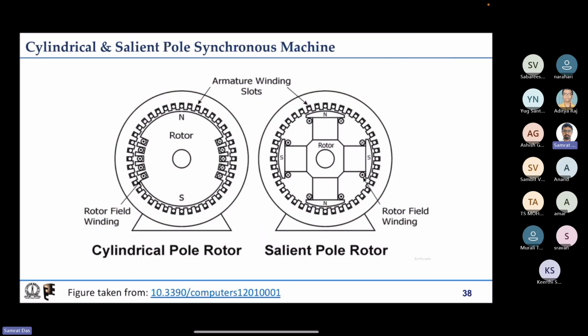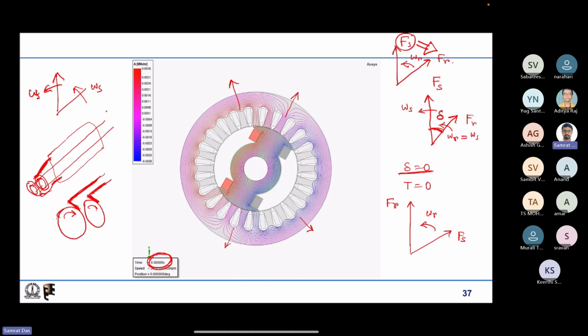Now we can actually realize the rotor magnetic field in two ways. In the earlier case, we have some poles, and this structure is known as a salient pole because there are poles. We have a non-uniform air gap: a very small air gap just under the pole.